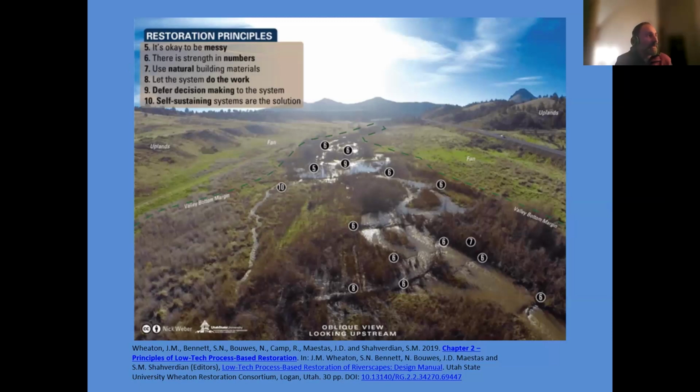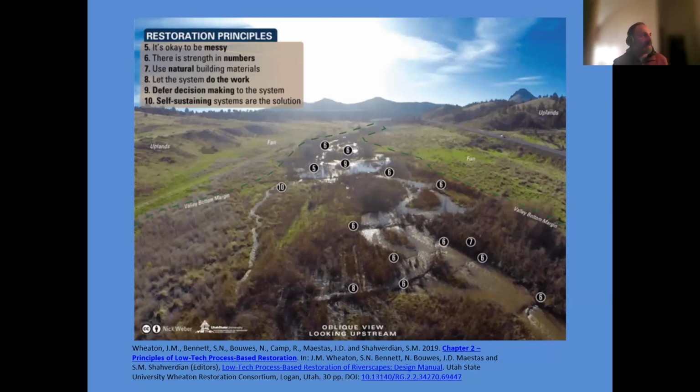And this restoration approach is more about just providing the components of the system and letting natural process work with those components and reshaping the river and finding that appropriate equilibrium morphology. So let the system do the work, defer decision-making to the system.